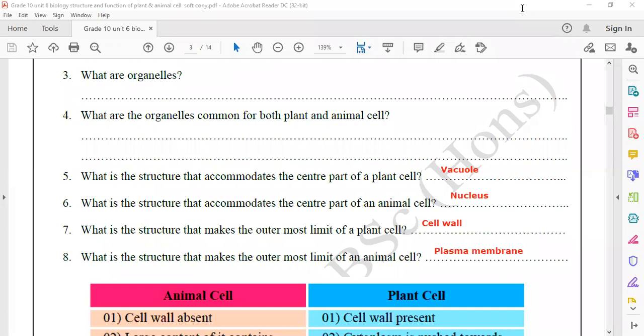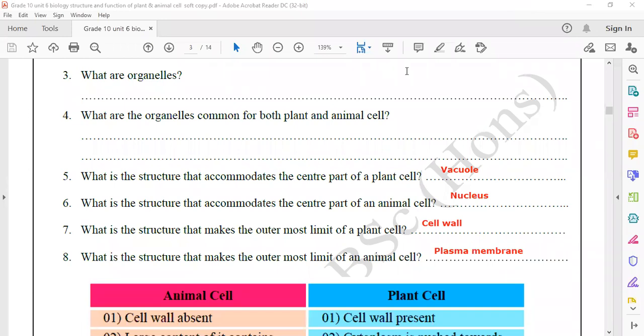Cell wall is not an organelle. Plasma membrane is not an organelle. They are not inside the cytoplasm. Anything located inside the cytoplasm only is called by the name organelle. Are you clear? Good.